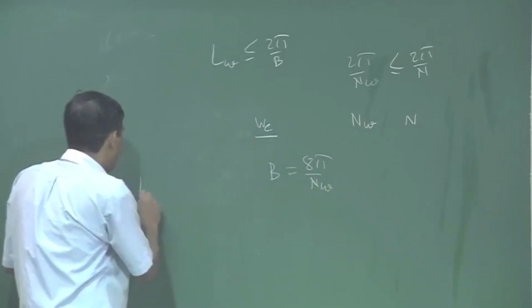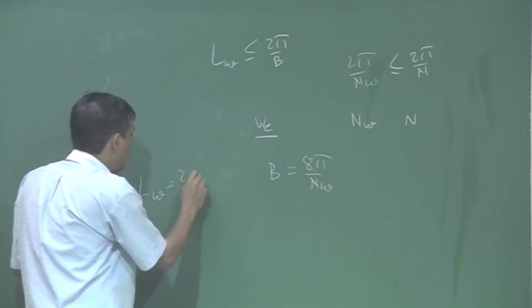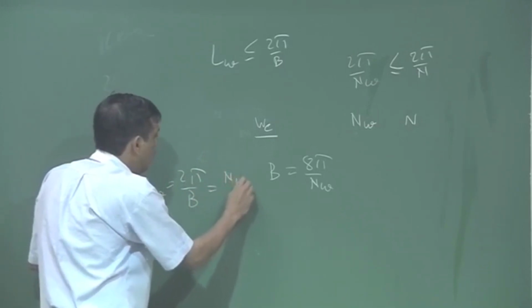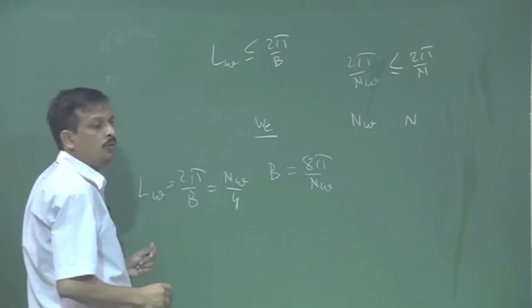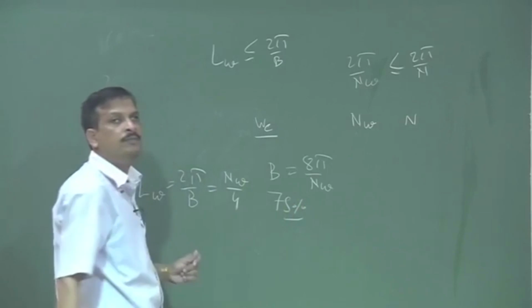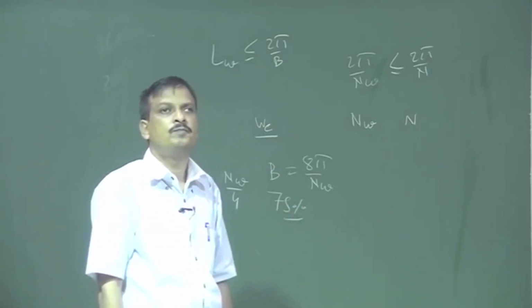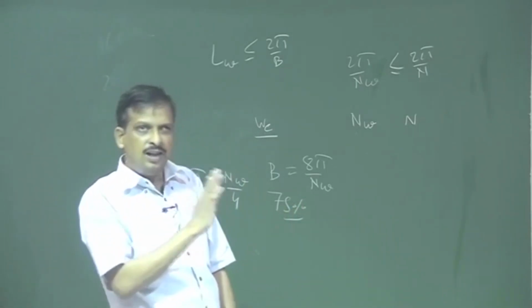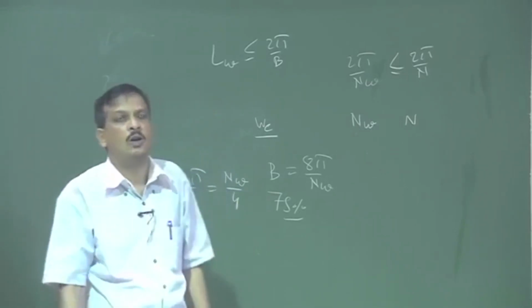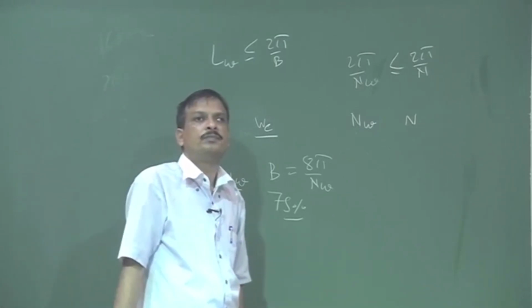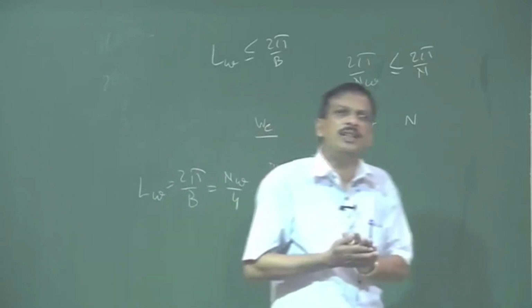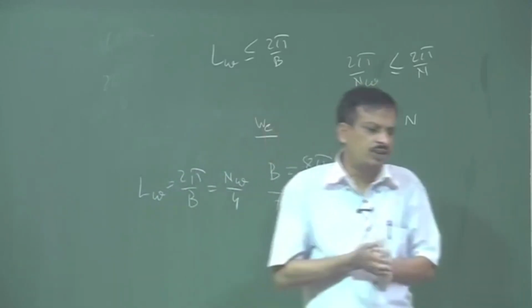So LW should be 2 pi by B, which is NW by 4. So, 75% overlap, up to 75%. Okay? This way we can find out the time and frequency sampling.